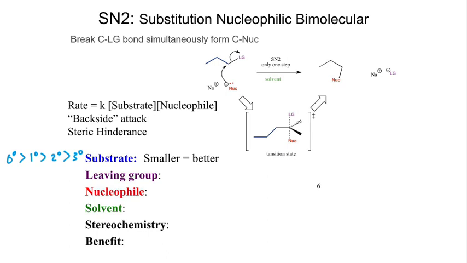We ignore them as far as SN1 mechanisms go because you end up forming zeroary or primary cations, and those aren't stable. The same kind of thing happens here. Tertiary does not react under an SN2 mechanism. So if we're going to predict how something happened, and we saw a tertiary substrate, we would say the SN2 mechanism was not valid. We would have to do something else to get it to react.